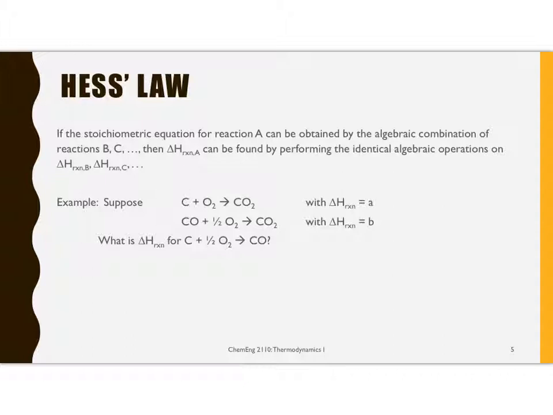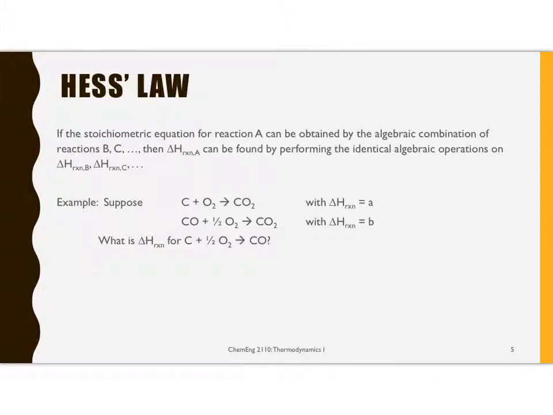Most of what we know is based on Hess's law, which says that if the stoichiometric equation for reaction A could be attained by the algebraic combination of reactions B, C, whatever, then the heat of reaction can be found by performing identical algebraic operations on the heats of reaction for B, C, whatever.